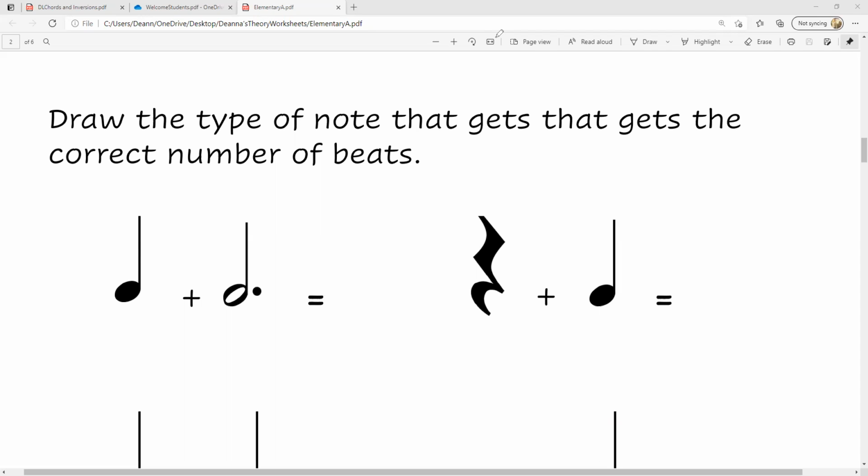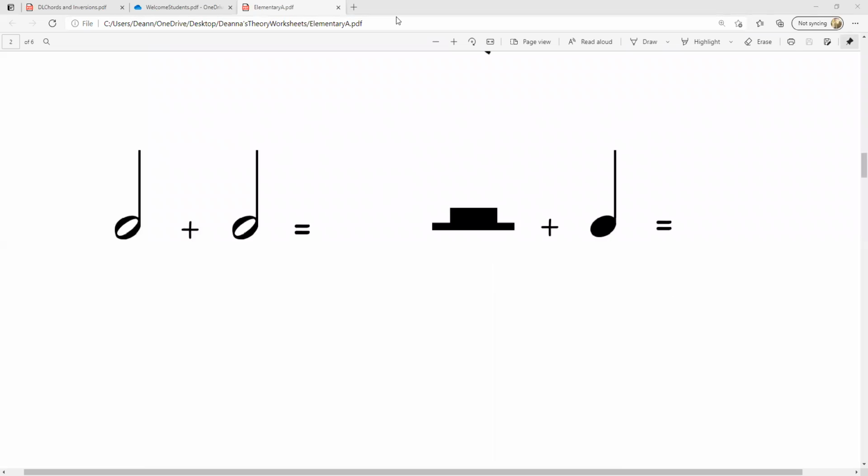Let's take these away and we'll scroll down again. Ooh, this one looks challenging. A half note plus a half note. Let's see, that's 2. 2 plus 2 equals 4. But I was supposed to draw the type of note, wasn't I?